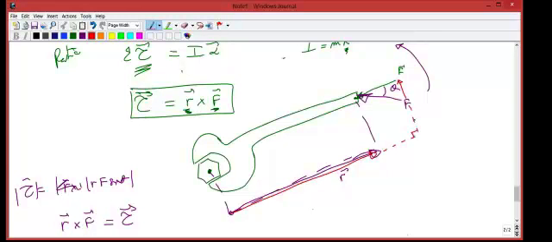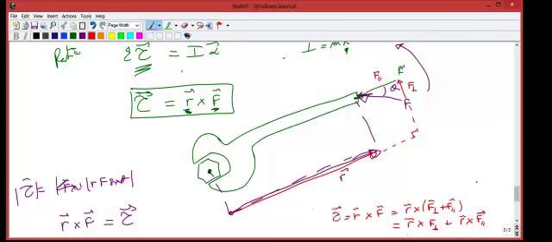Because remember, we can always decompose vector F as F perpendicular to R plus F parallel to R. So R cross F can be written as R cross (F perpendicular plus F parallel). As you use the distributive rule, R cross F perpendicular plus R cross F parallel will give you the torque.